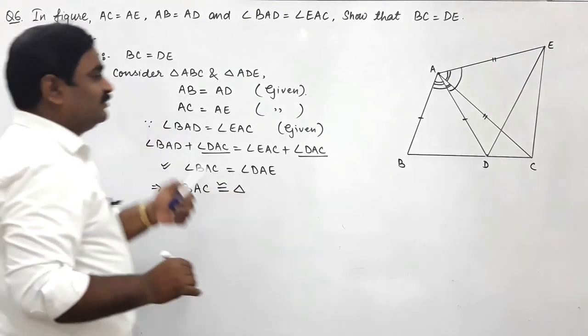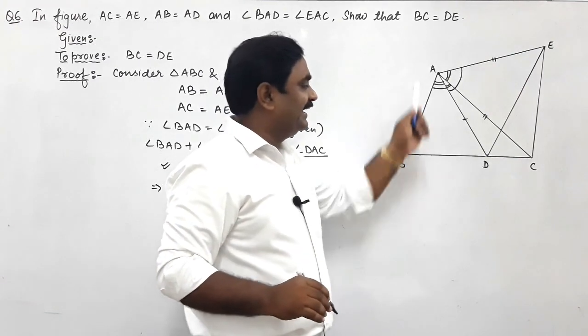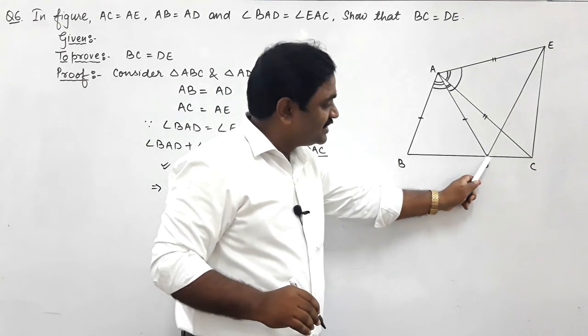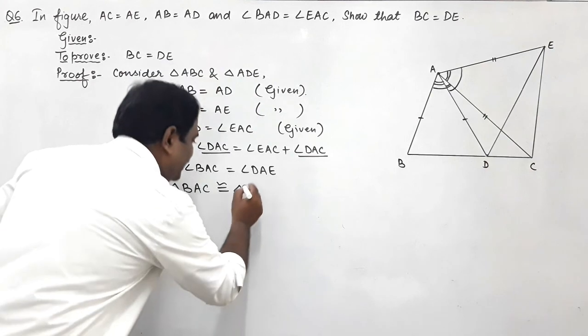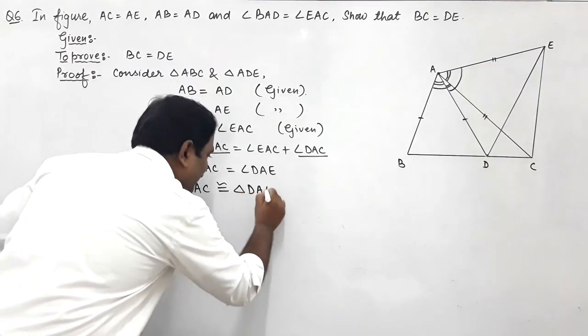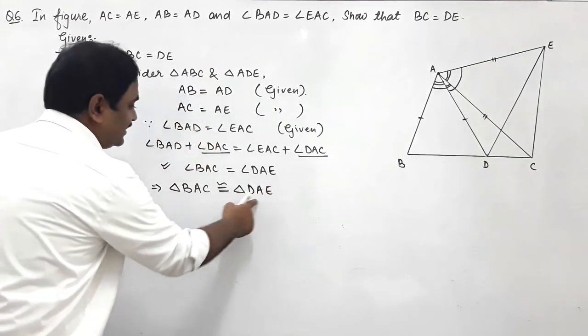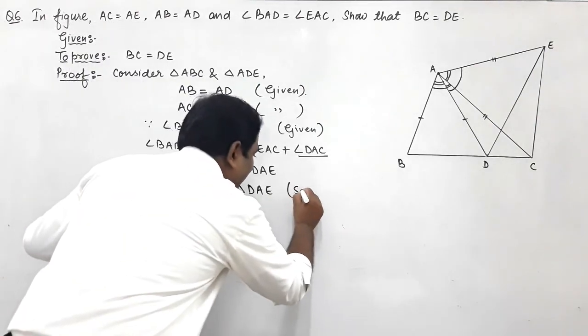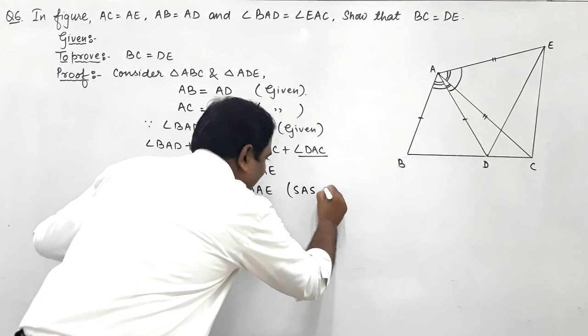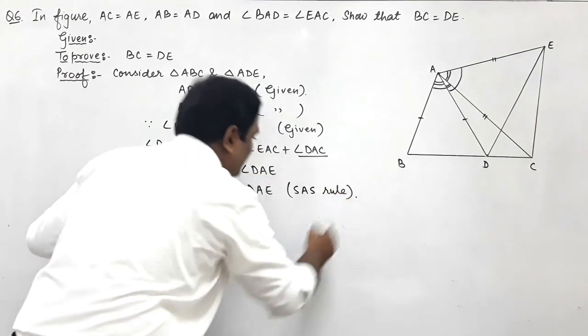Now BAC, you started with B and then took A, so you need to start this triangle with D, A and E, D A and E. This A is the included angle in both the triangles, by side angle side congruence rule, right?